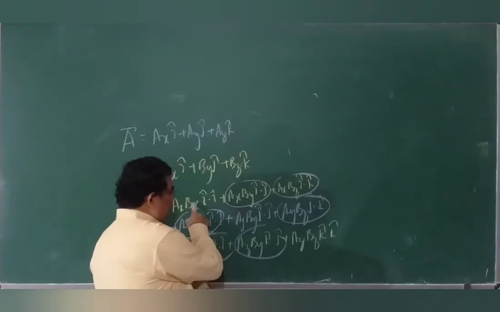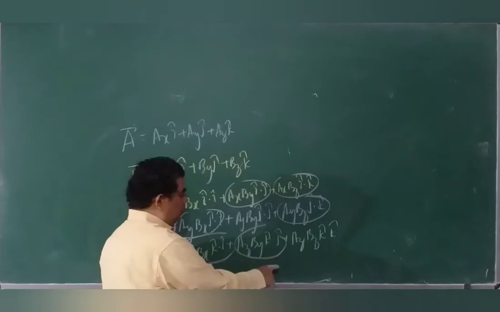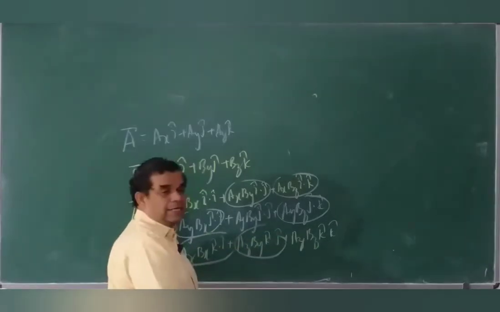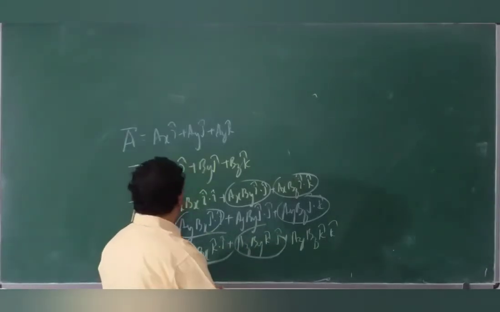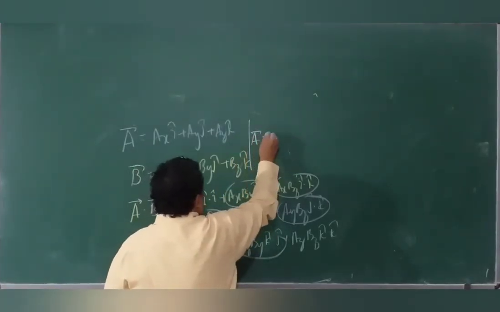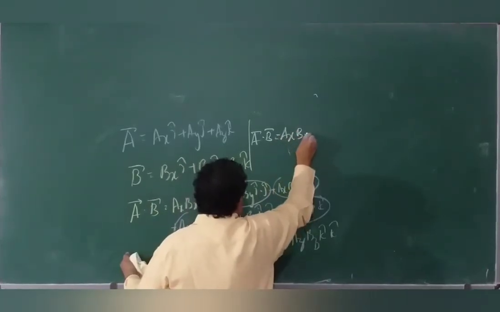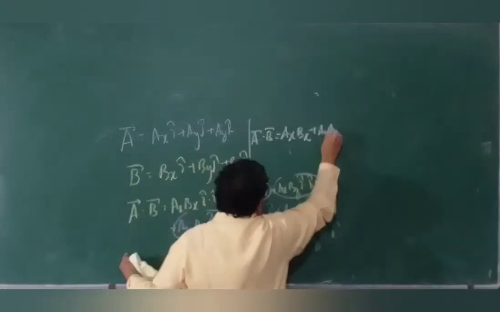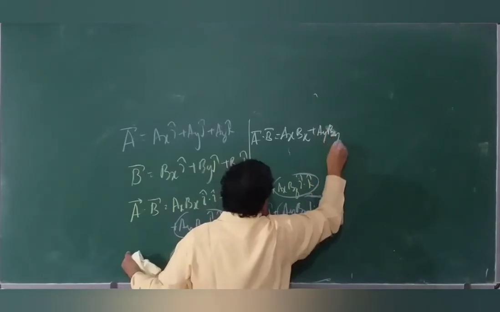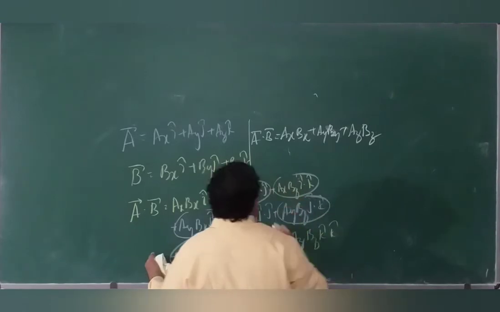So only the things left are these because i dot i is 1, j dot j is 1, k dot k is 1. So the final result for this dot product, I write here, vector A dot vector B is Ax Bx only remain, then Ay By plus Az Bz.